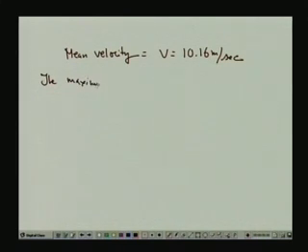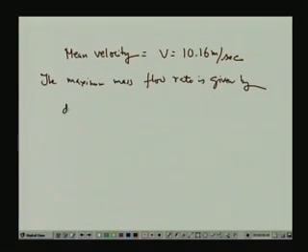The maximum mass flow rate is given by dm by dt equal to VA into rho, where VA is the volumetric flow rate.